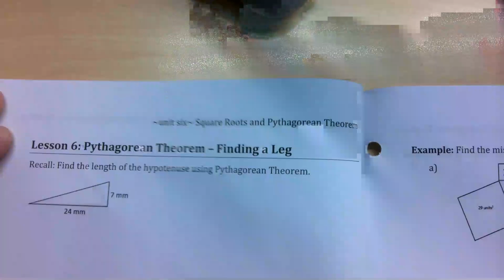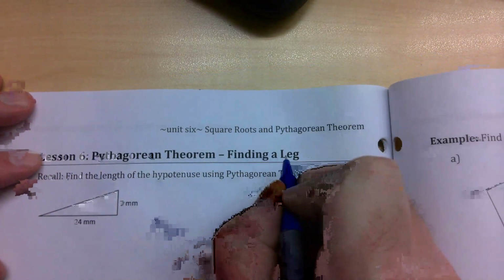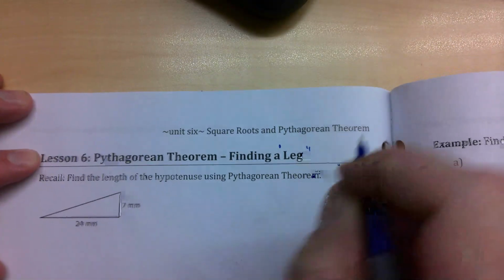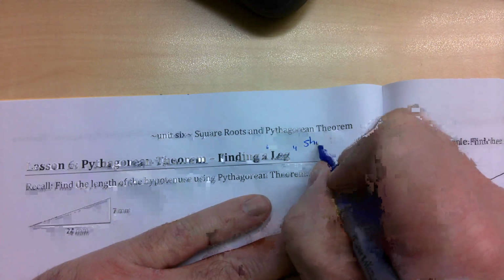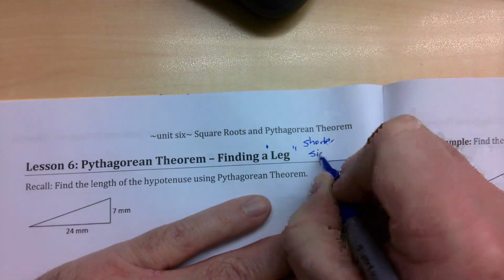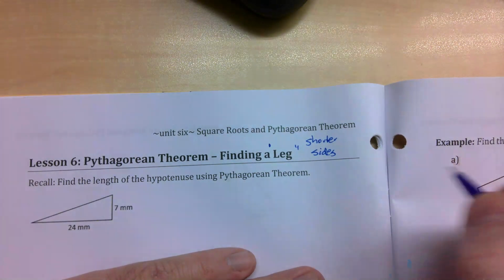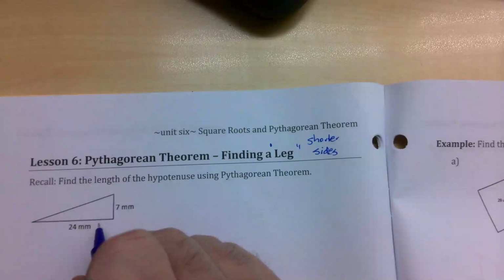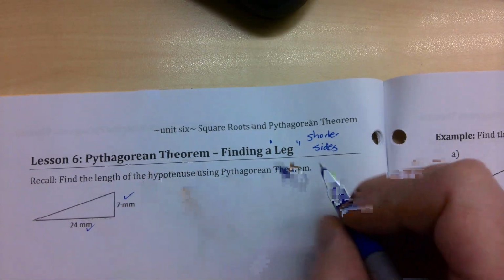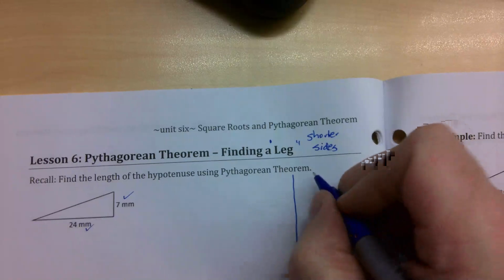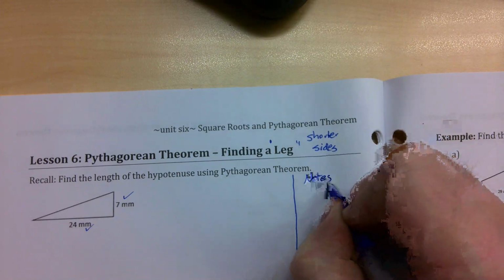Okay, let me just talk briefly about lesson 6 for a minute. You could think of this as finding a so-called leg. In other words, this is one of the shorter sides. A couple of quick points, and they have nothing to do with this. This is a review. I'm given both shorter sides, so just think of these notes as being separate. Okay, notes.